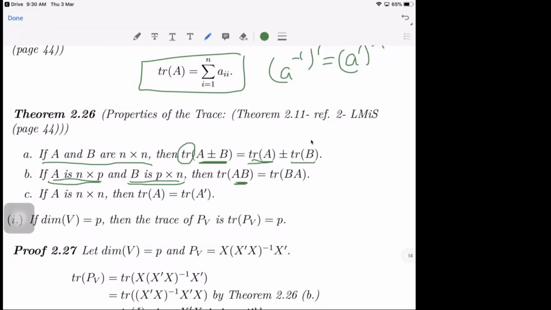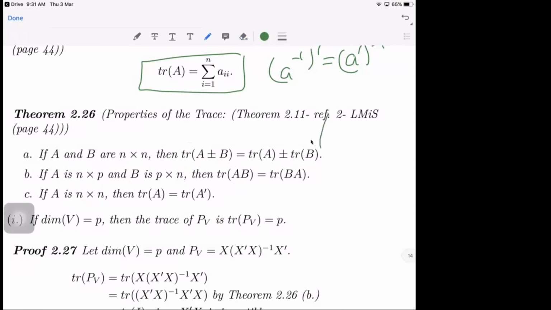The trace of AB is just equal to the trace of BA. So take note that AB or BA should be a square matrix. And for a square matrix A, the trace of A is just equal to the trace of the transpose of A. So these three are important properties of your trace.